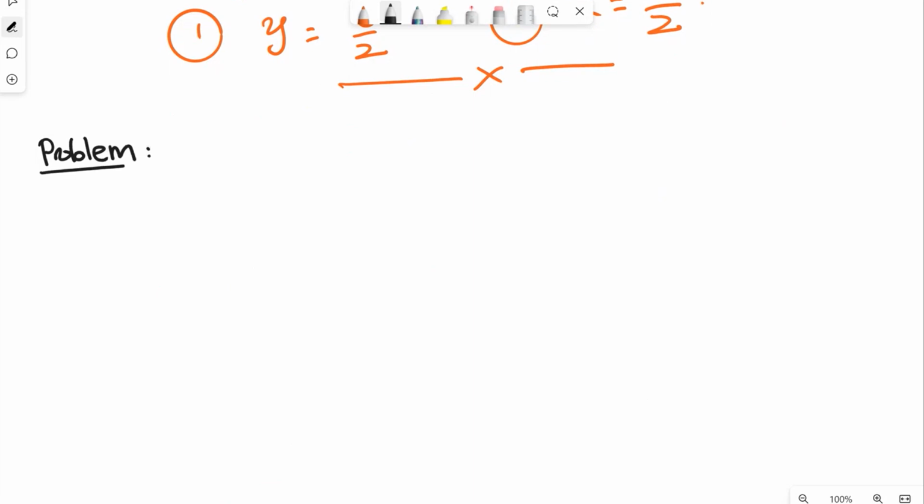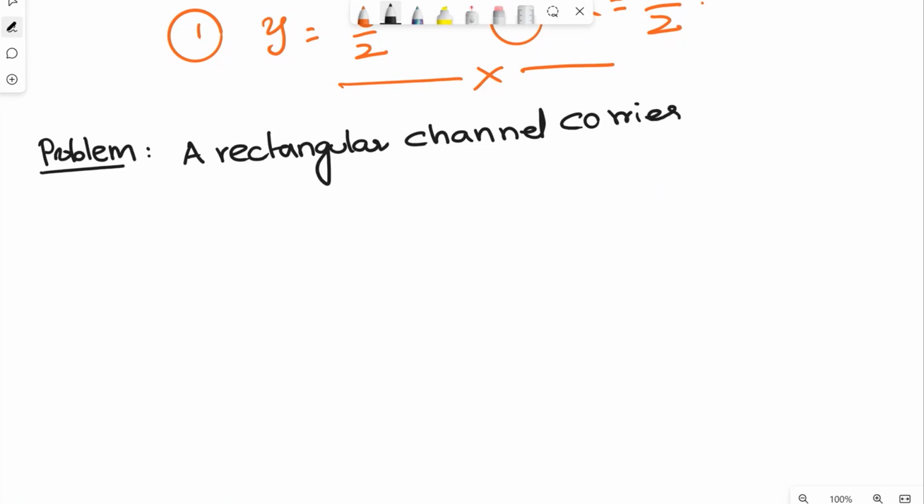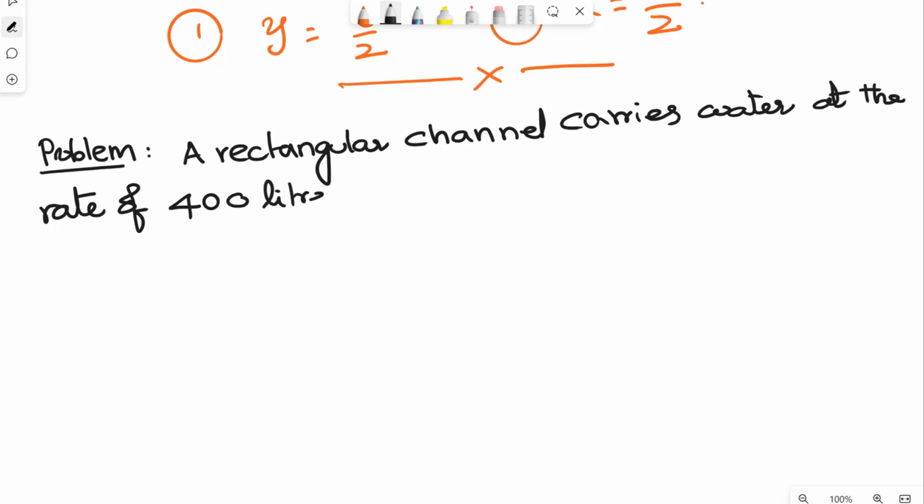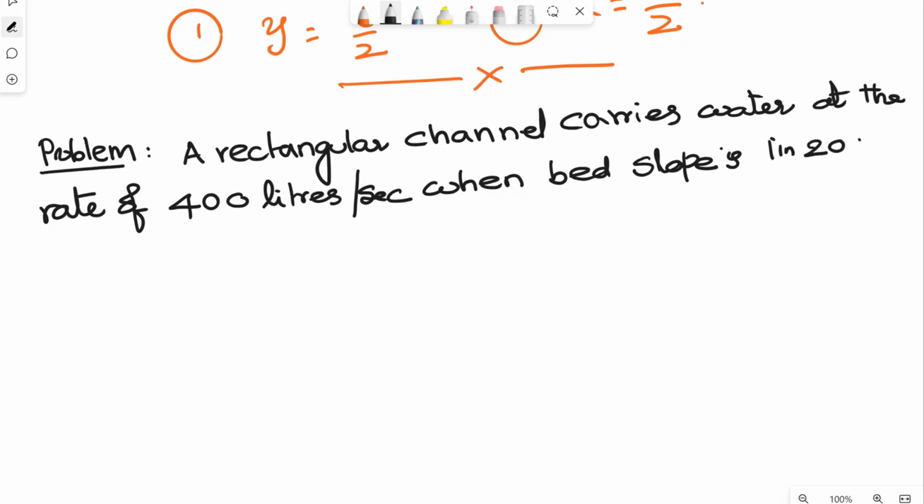One example I will show you. A rectangular channel carries water at the rate of 400 liters per second, when bed slope is 1 in 2000.